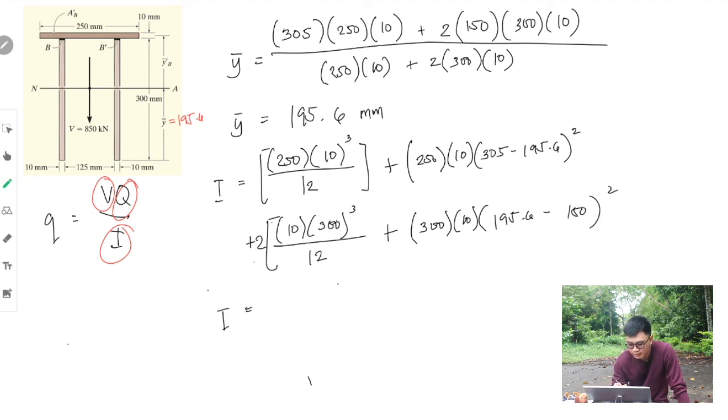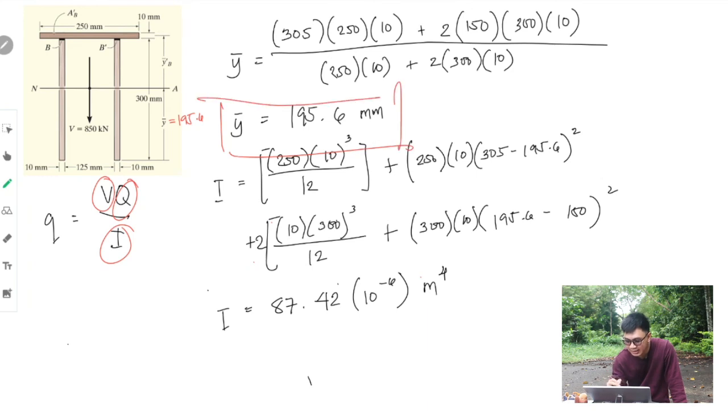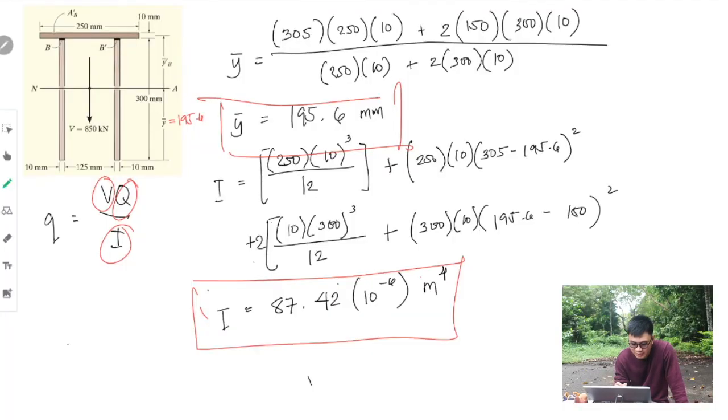And you will get your moment of inertia in meters as 87.42 times 10 to the power of negative 6 meters to the 4th power. Okay? Understood? You should know this already, since this is the most basic part of our solving, as I have repeatedly taught it. Okay? And now, we have solved for I, and V is given, so we have to look for the big letter Q. So, how can you solve for big letter Q?